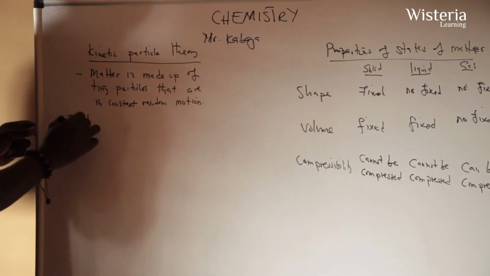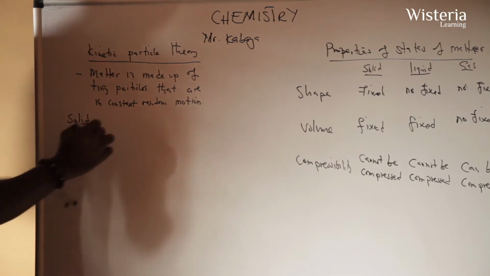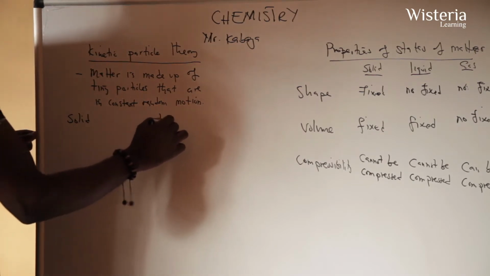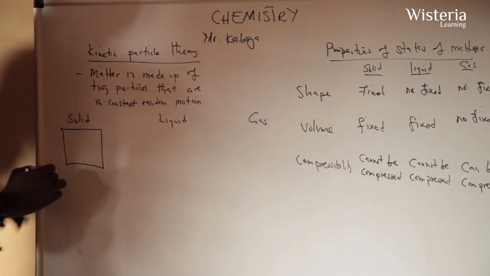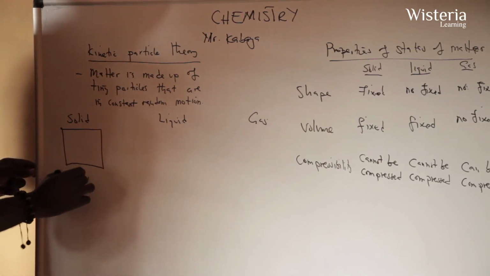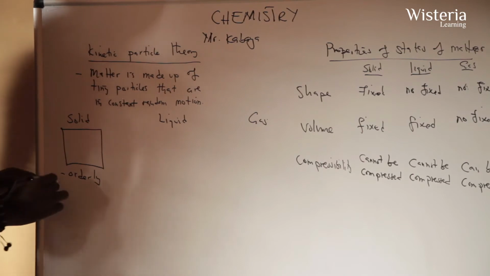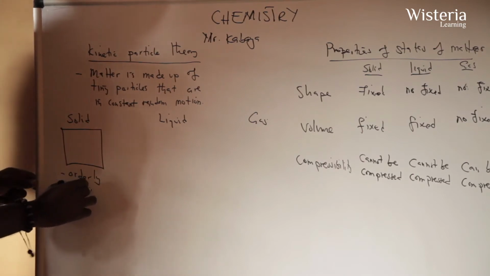Using the kinetic particle theory, combined with the states of matter, we're going to look at how the particles are arranged in a solid, in a liquid, and in a gas. In a solid, the particles are orderly and closely packed.